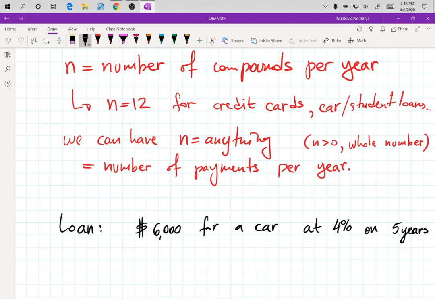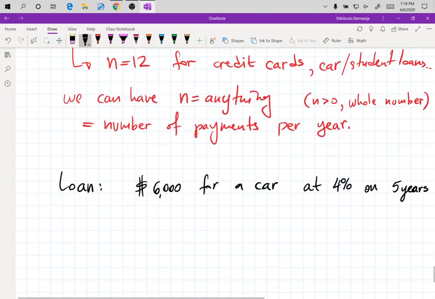Or, I don't know, do you want 3 years, 5 years, whatever, right? Doesn't matter. We can actually use this to compute the monthly payment.